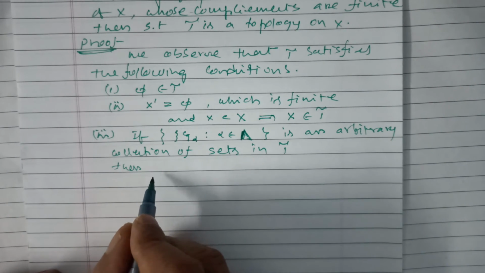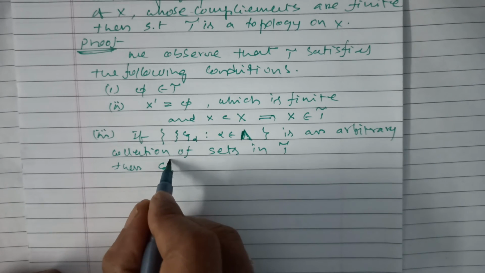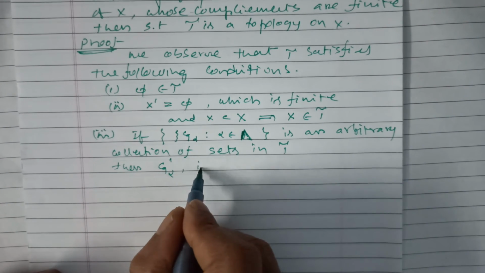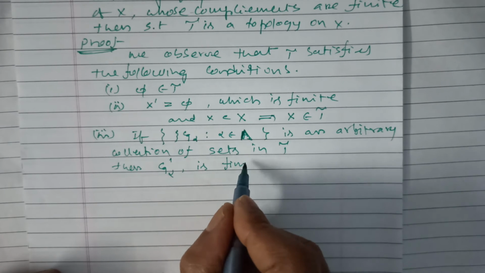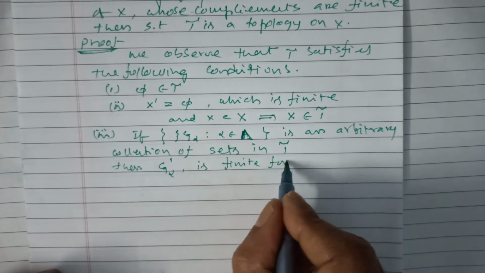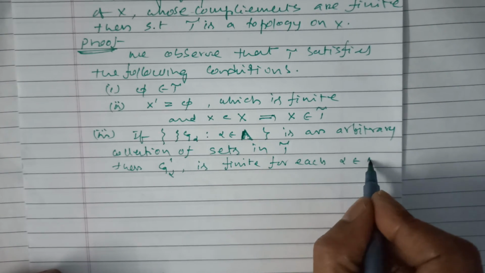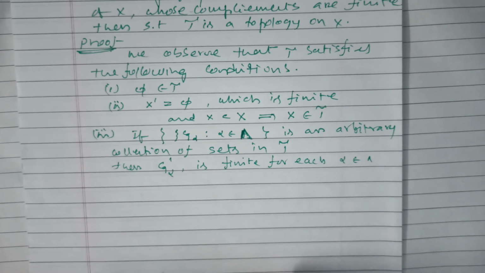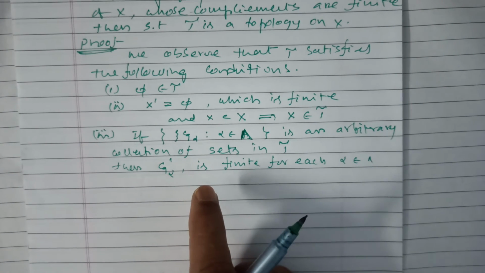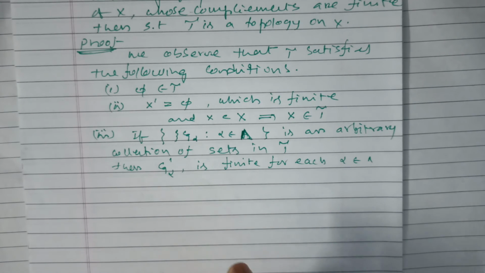Then G alpha dash is finite for each alpha belongs to A, that we know, because any element which is in tau has a finite complement.